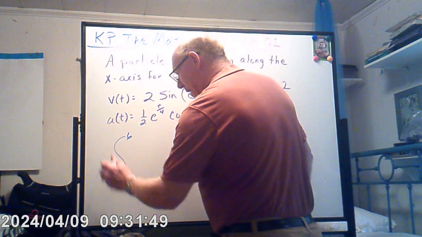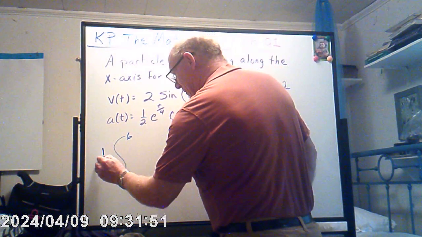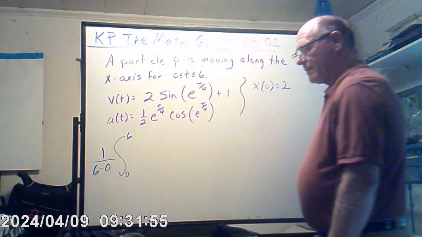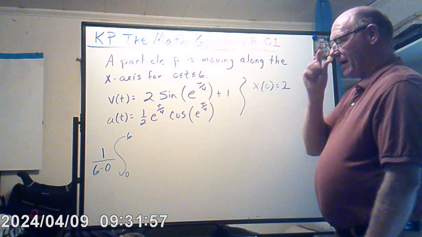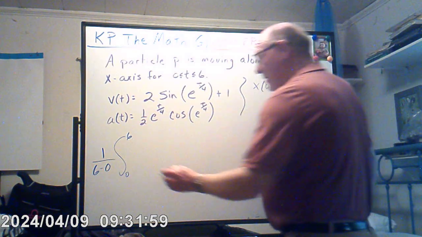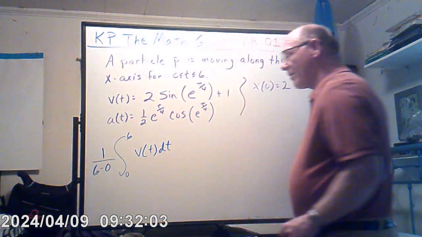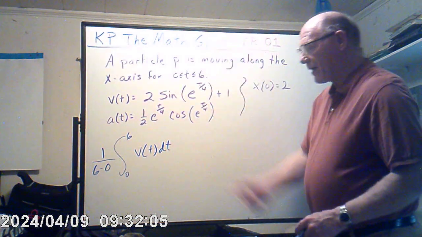Average velocity would be 1 over 6 minus 0 times the integral of V at t dt. If you already have that in there, you can get your answer.